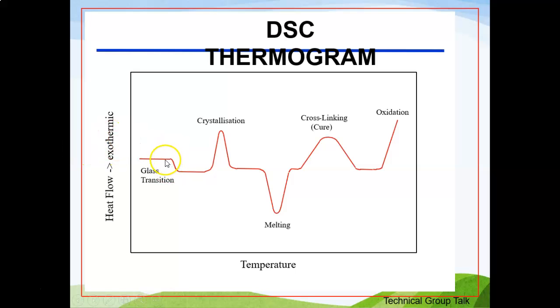So TG will go in decline, TC will go upward, and TM will go downward. The next graph is the cross-linking graph or the cure graph. And the last one is the oxidation, whereby the polymer or the material has been oxidized at a high temperature, around 600 something.